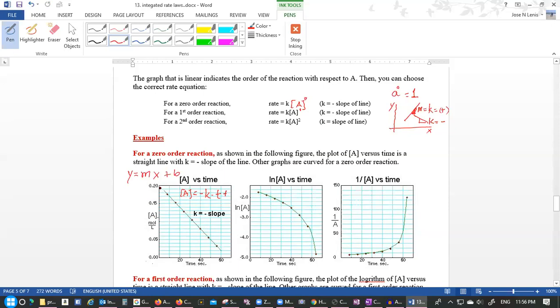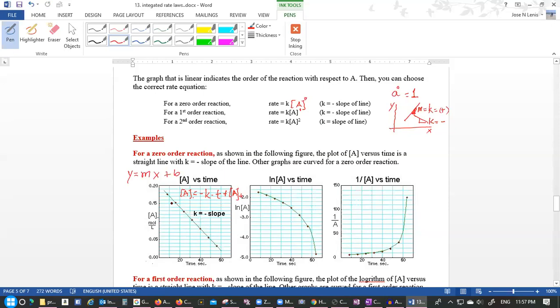And the y-intercept happens to be concentration of A at time 0, initial. Sorry, I did the opposite. So this is concentration of A at any time t.